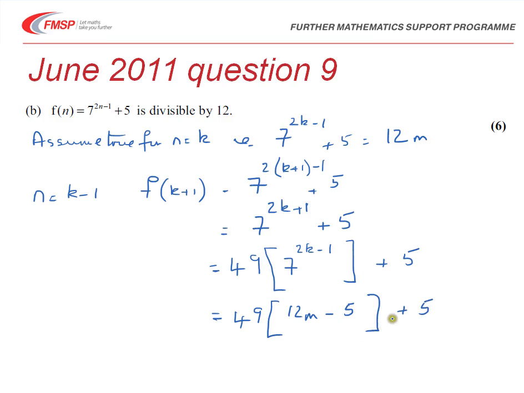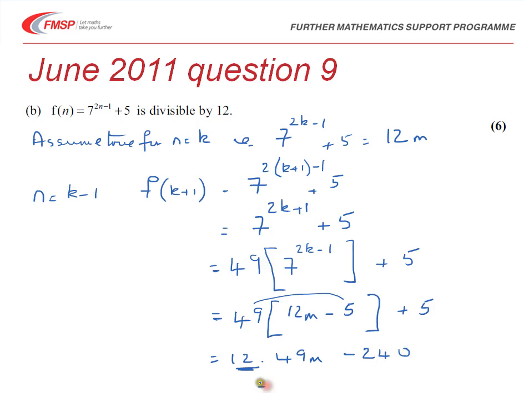And if we now work out what that comes to by multiplying out the bracket, we get 49 multiplied by 12m. So I'm going to write that as 12 multiplied by 49m. I want to leave that 12 in there to show that we've got the divisibility. And then the numerical term, 49 multiplied by negative 5, and then plus 5, comes out to be minus 240.